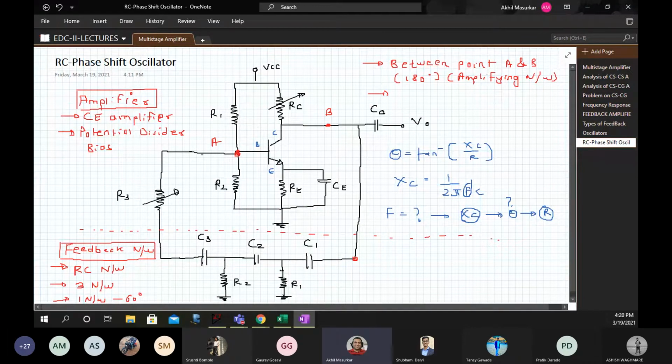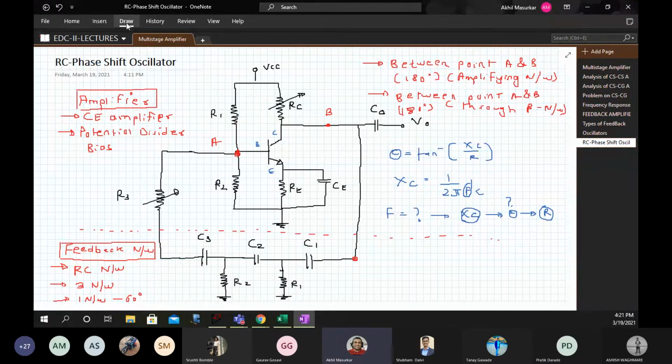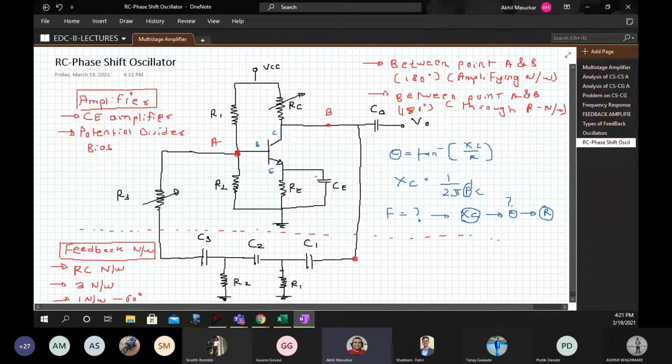Between the same two points A and B, again the phase shift is another 180 degrees, but this time through the beta network. This is something we have to keep in mind.